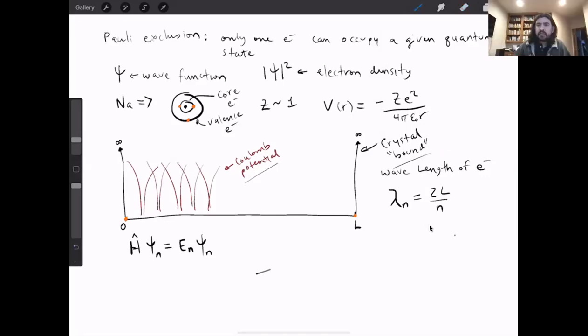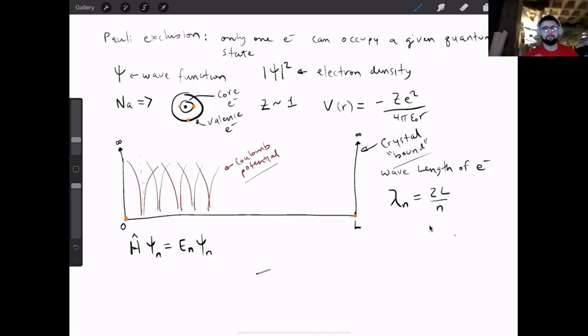Oh, no, the V(r) would be centered on each of the ions. There's a potential coming out from here, and it's centered on each of the ions. Each of them has this particular potential centered around them, and then you have to add them all together.